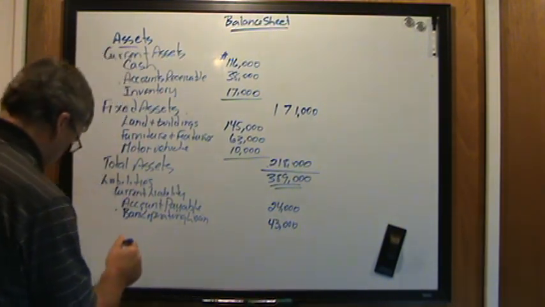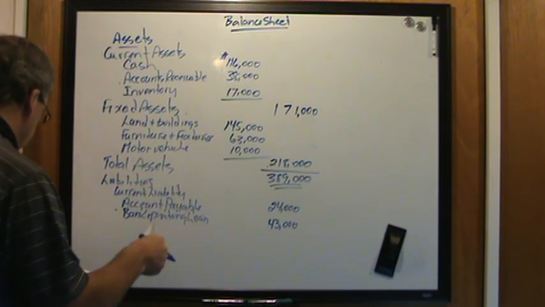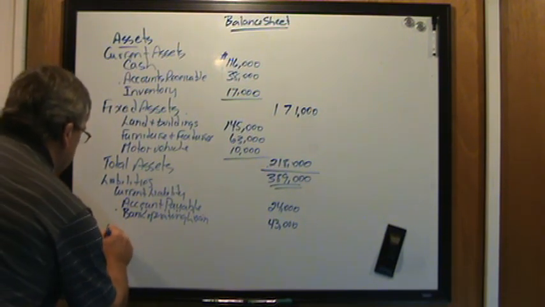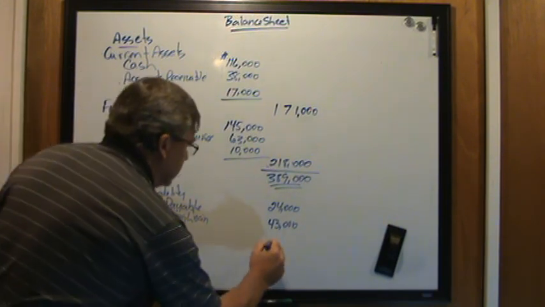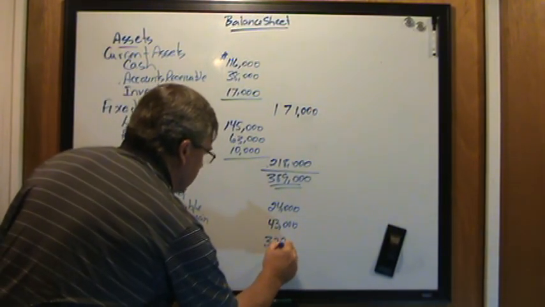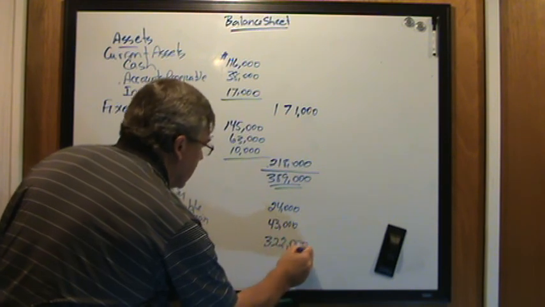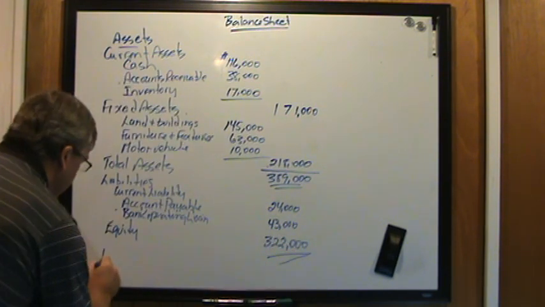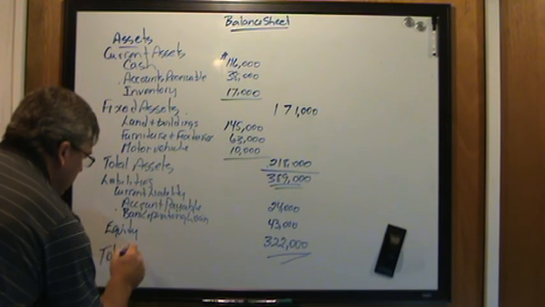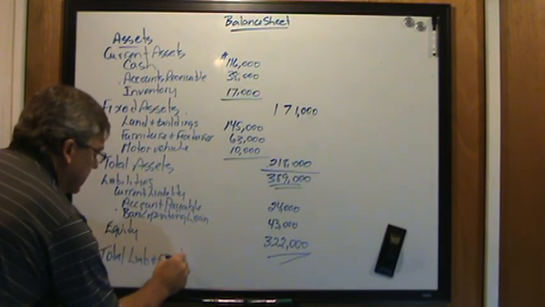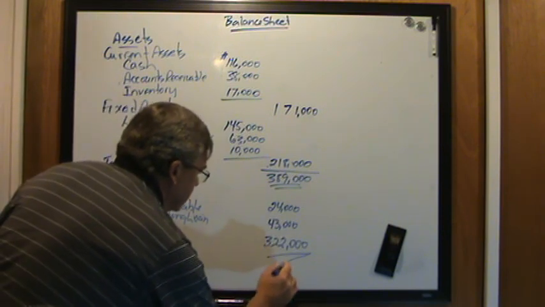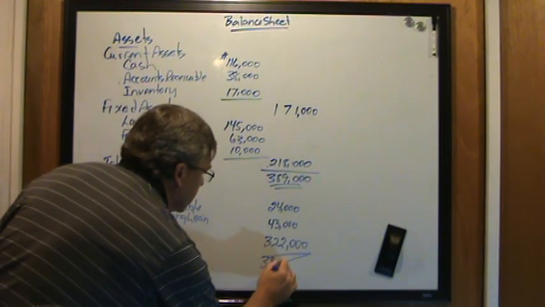So, and now the equity amount is added on. Equity is 322. So total liabilities plus equity is equal to 389.